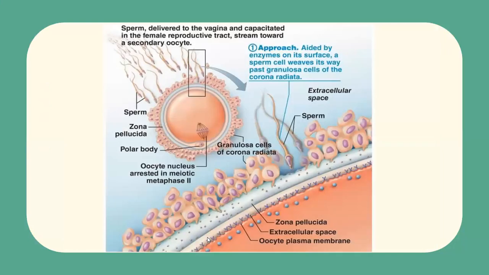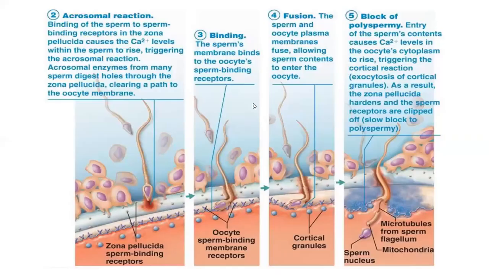Zygote will be formed. And this is the detailed steps of fertilization with the help of a diagram. So in this summary, we just saw two details, that is the increase of calcium ions and hardening of the zona pellucida by the release of the cortical granules.